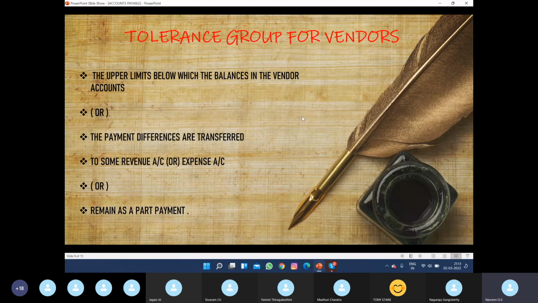If the amount is more than 500, there may be a case that we have paid only part of the amount. There is a concept of part payments where we do not make the full payment of the actual transaction. In such a case, we are liable to pay the remaining 500 also. Then they remain as a part payment and remain as a liability. If given discount, then they are transferred to the respective accounts. This was the role of tolerance groups.